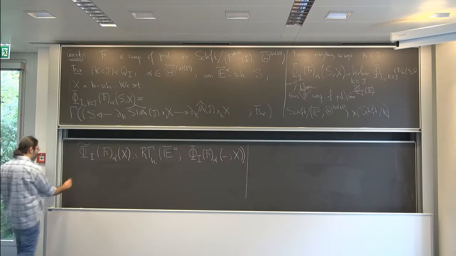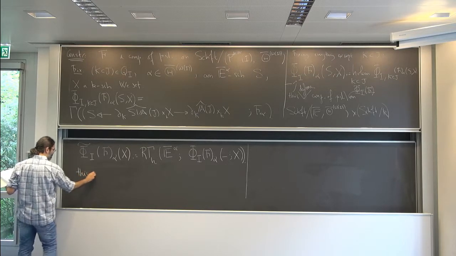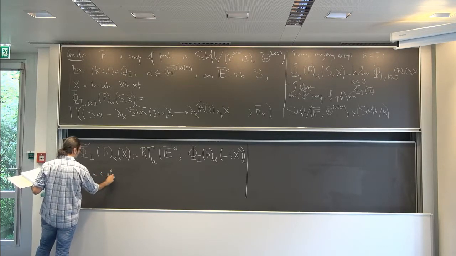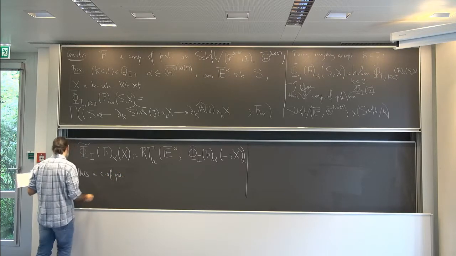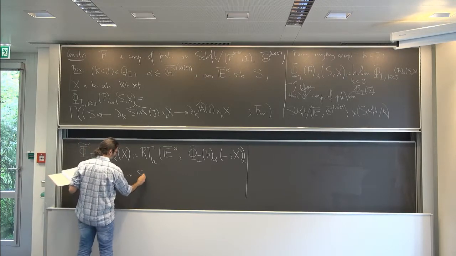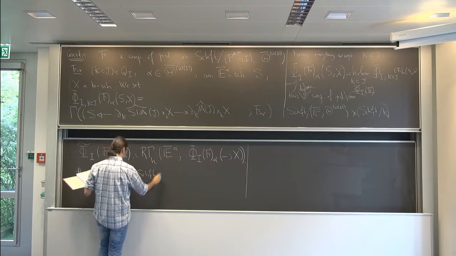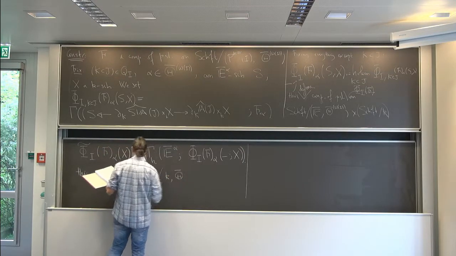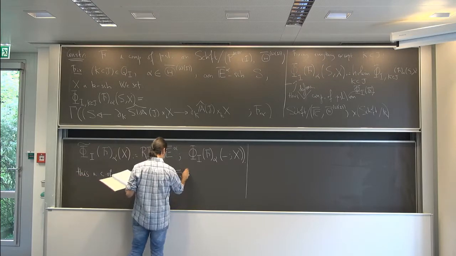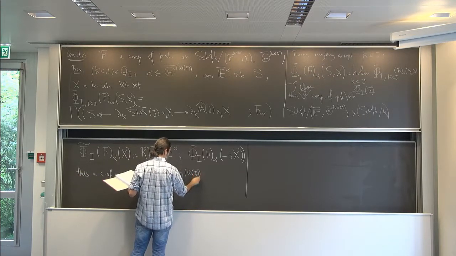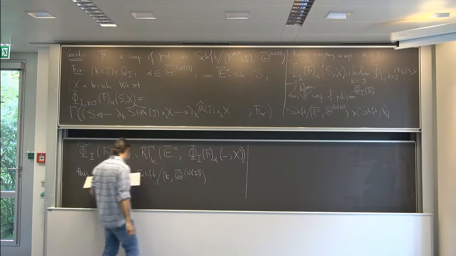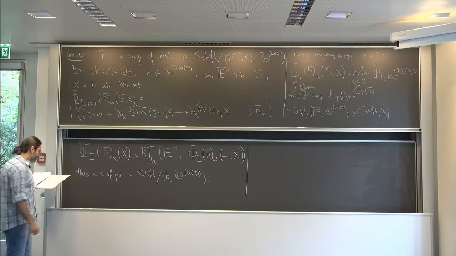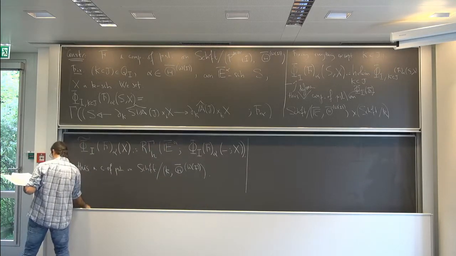This is a complex of presheaves on finite type schemes over K, but it's actually over K as a diagram, so over this thing here. And then we are almost finished now.